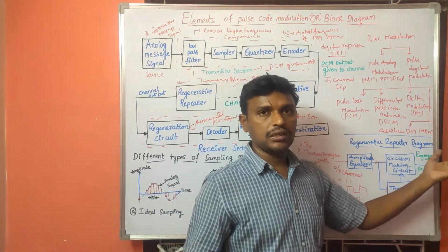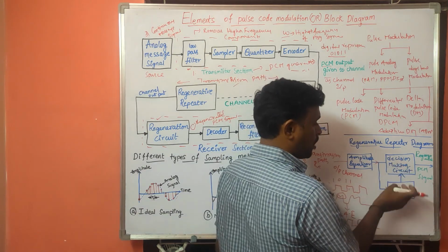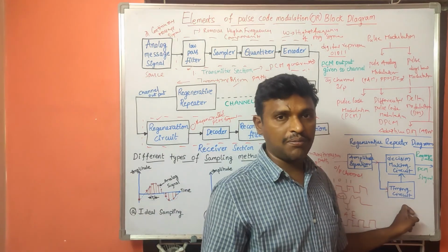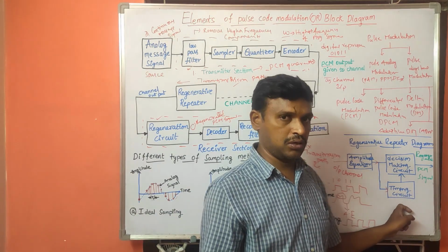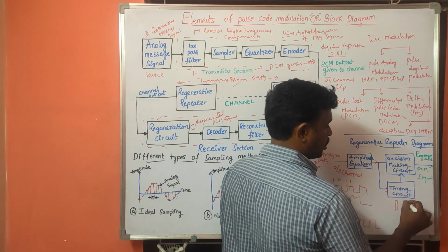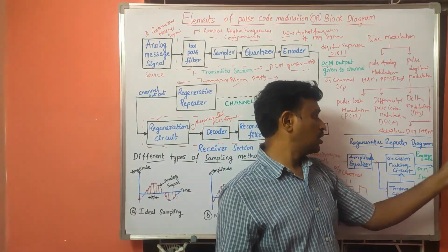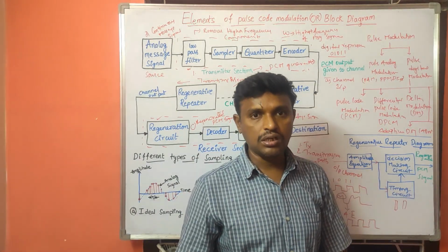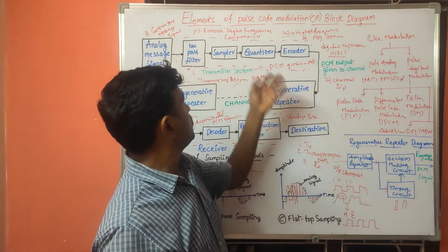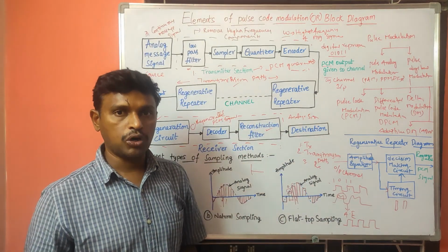The timing is given by the timing circuit or time extraction circuit, so depending on the time extraction circuit pulses, samples will be considered. That is nothing but the regenerated PCM signal for us. So this is the block diagram and the elements of pulse code modulation.